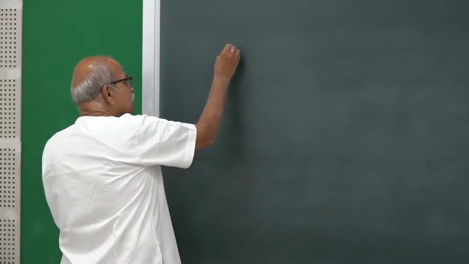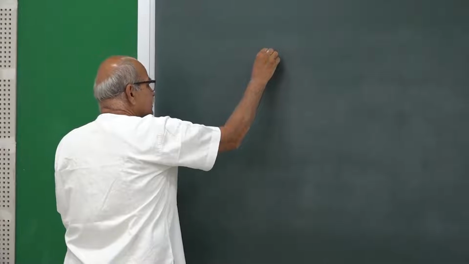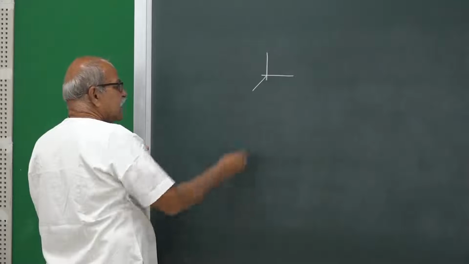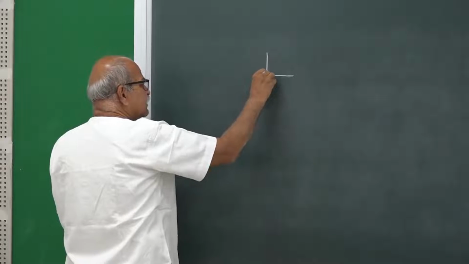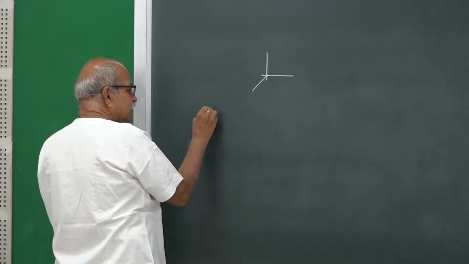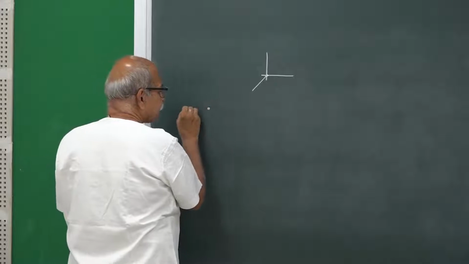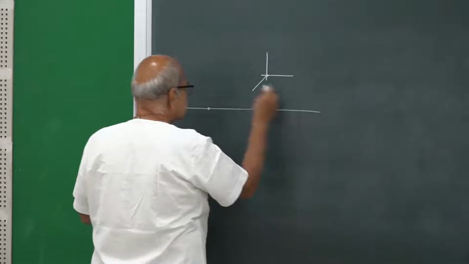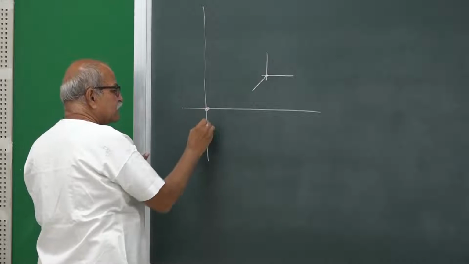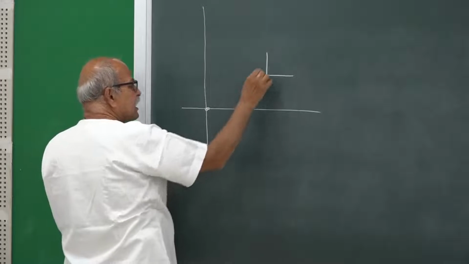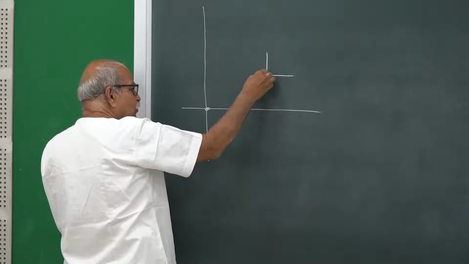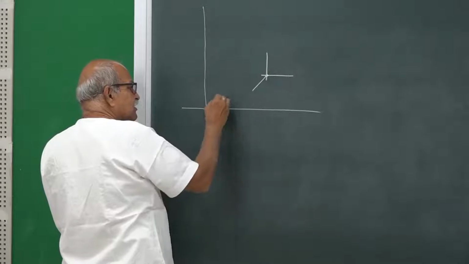Now, suppose I have a coordinate system, and these are the x, y, z axes and this is the origin, and then there is another frame of reference in which here is the origin. Suppose this is an inertial frame of reference, and this frame, the origin goes around this point.